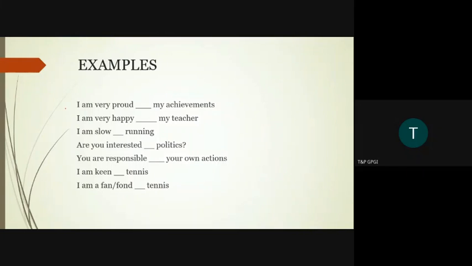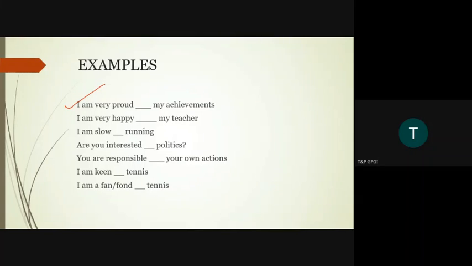Okay, so first example is: I'm very proud dash my achievements. Anybody can guess what will come here in the blank space? I'm very proud dash my achievements.